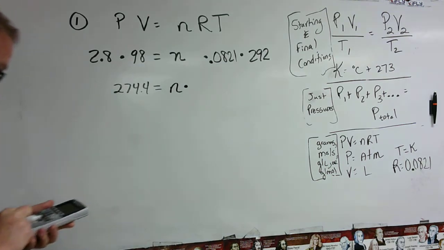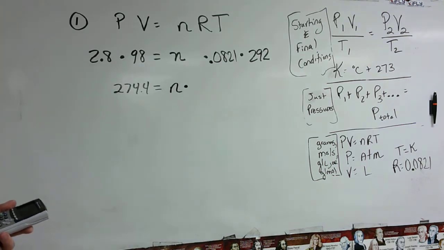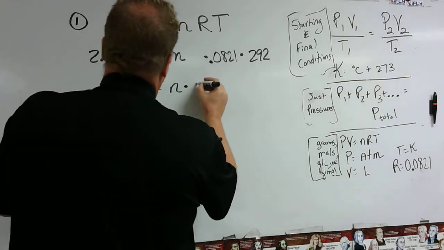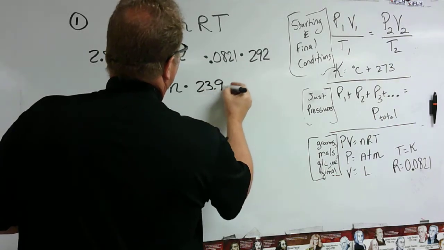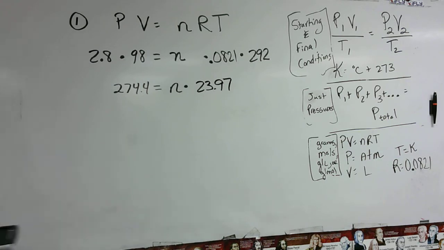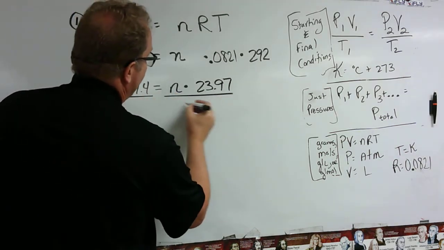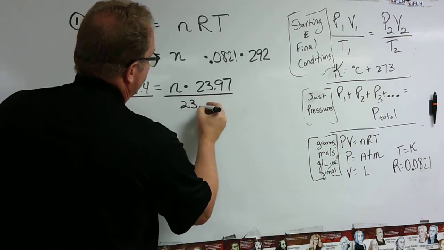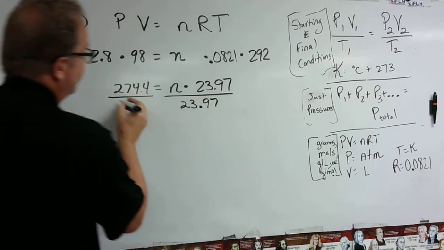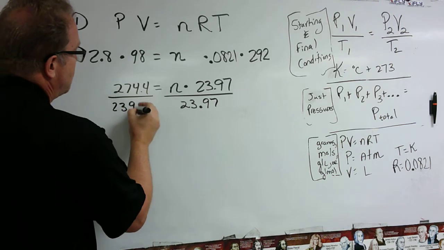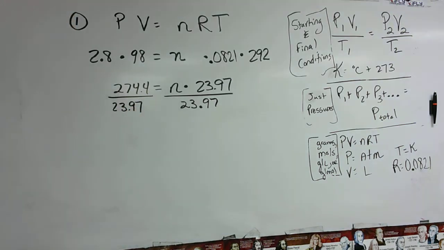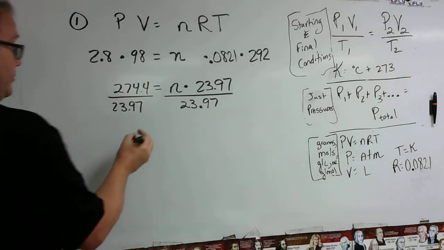Then I take care of that 0.0821 times 292, and I've got 23.97. And then I'm going to solve for n, which means the n has to be by itself with no numbers, so I have to get rid of that. Algebra rules apply. If I divide 1 by 23.97, I also have to do the left-hand side.